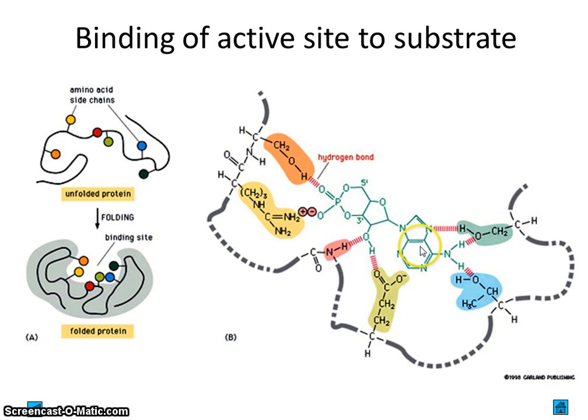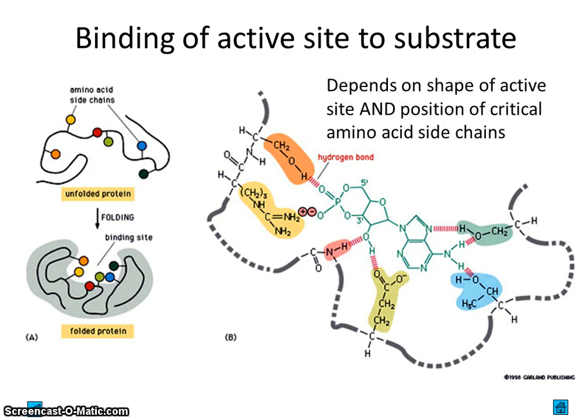And so both the bonding and the three-dimensional shape are complementary. So it's important to realise that that bonding will depend not just on the shape of the active site, but also on the exact position of these amino acid side chains.